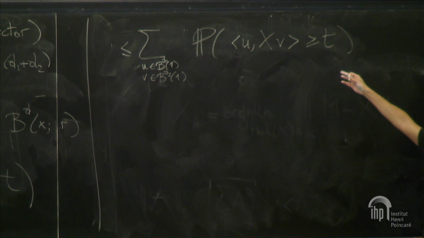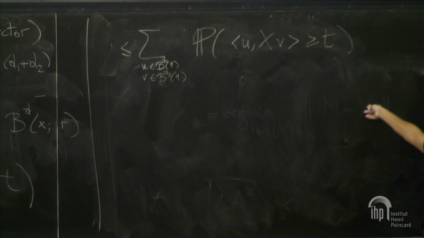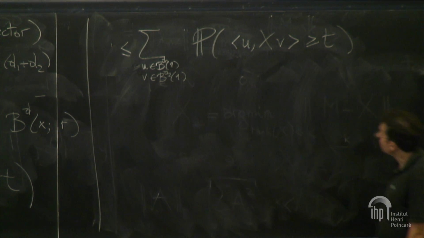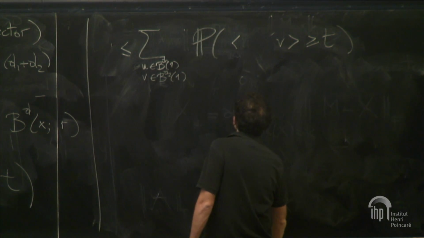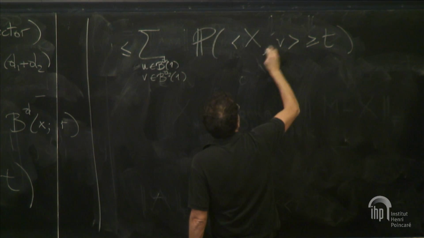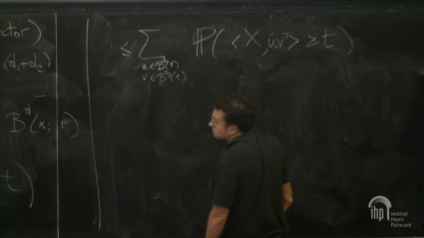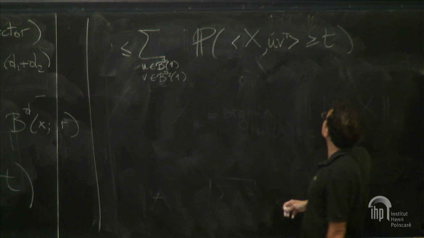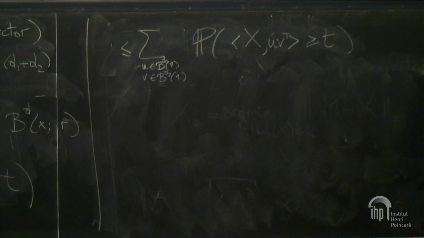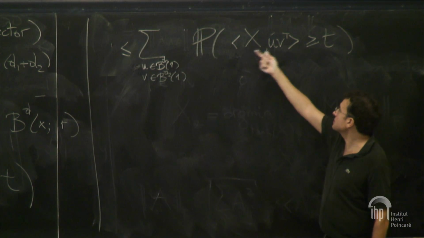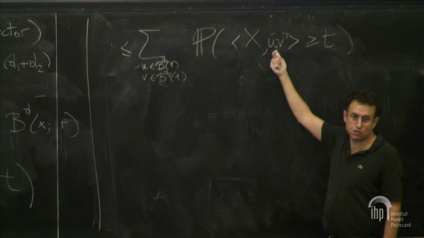All right. Now I have to compute this probability, right? How do I compute this probability? I have no idea. But I recognize that I can write the scalar product as the trace of X transpose U V transpose.